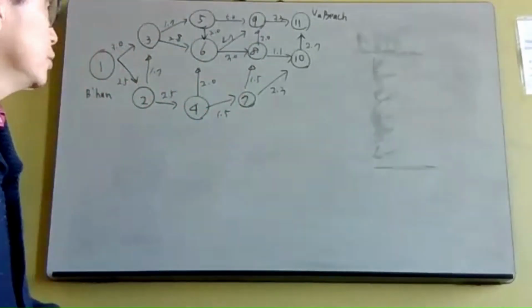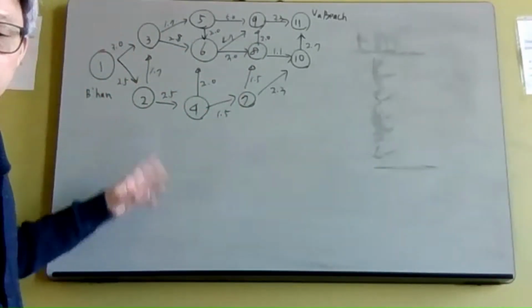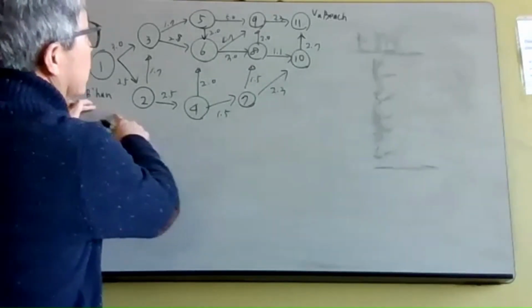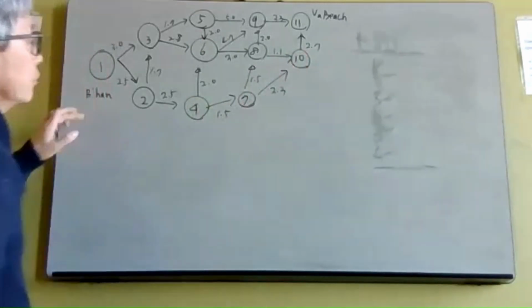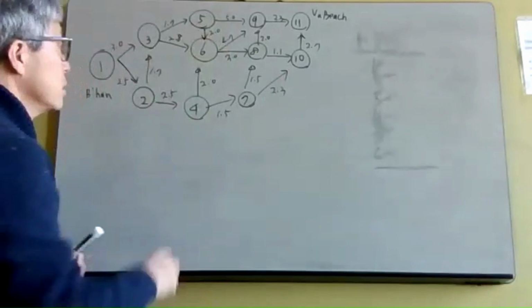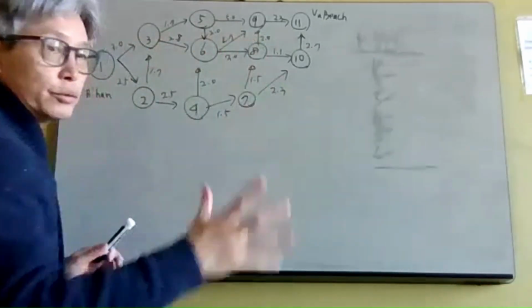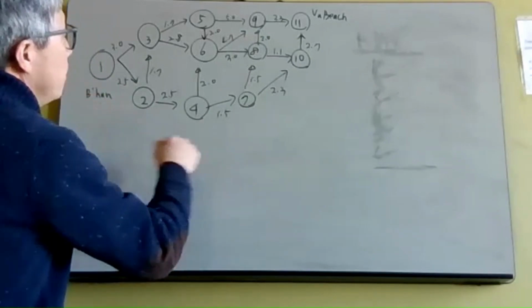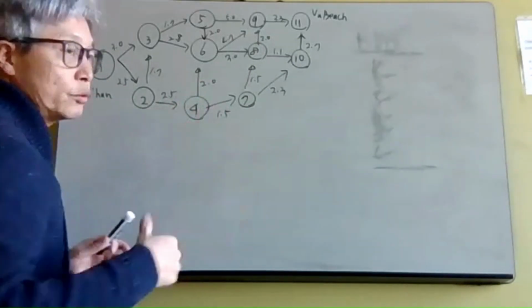Actually, I'm going to use an example from the textbook. For example, if you drive from Birmingham, Alabama to Virginia Beach in Virginia, you may have many different routes, right? Routes are feasible paths. But we're gonna select only one path out of so many different routes.